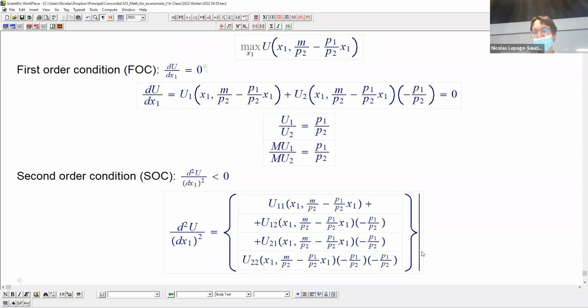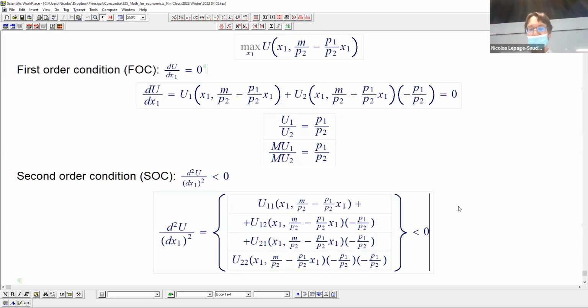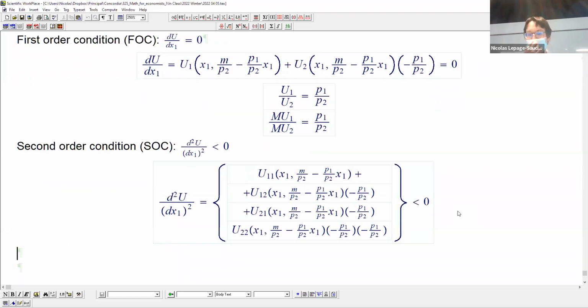And this should be smaller than 0, hopefully. So is that the case? You see what we did, right? We derive this one with respect to its first argument, its second argument, and this one with respect to its first argument, second argument. And again, we get this. So is there something that we just saw a minute ago that can allow us to simplify this?